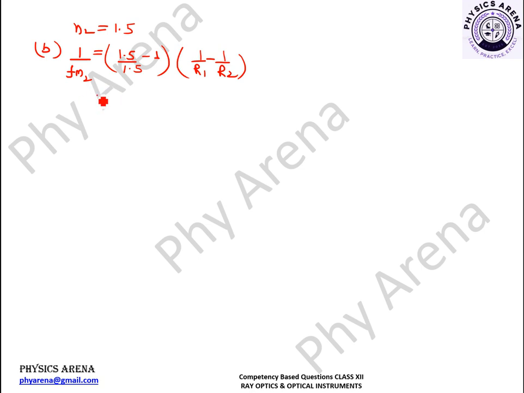So 1 upon focal length in medium 2 will be equal to 0 multiplied by something, so that will be equal to 0. When I solve it out, the focal length in medium 2 will become infinity. And the focal length is infinity for a plane glass.